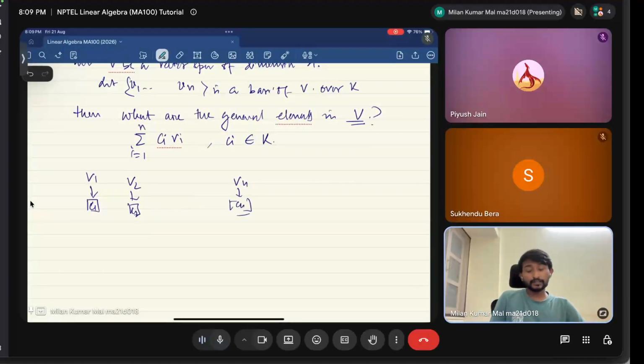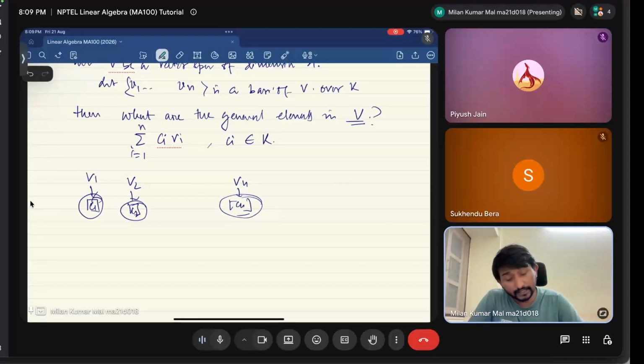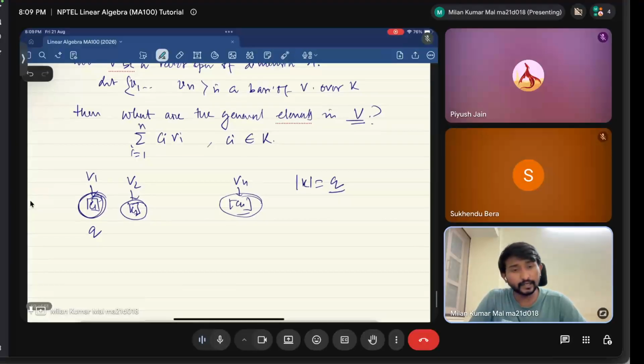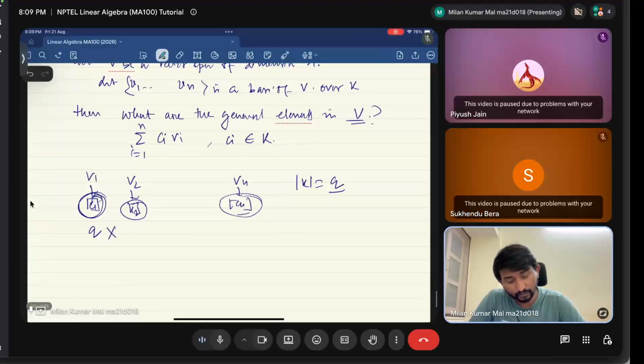Now the point is that c1 can be any element of the field K, c2 can be any element of the field K, cn can be any element of the field K. But the cardinality of K is q. That means for the first one, the number of choices is q. Corresponding to each choice of c1, the number of choices in the second position is again q.